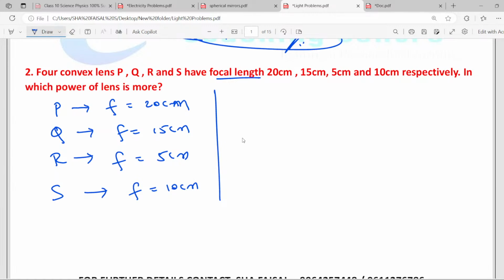Now, as we know, the focal lengths are given in centimeters. Can you see this? Is this clear?